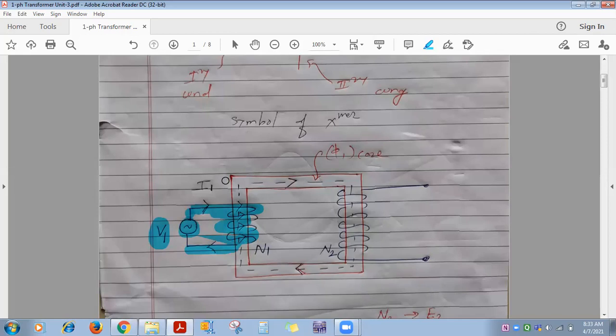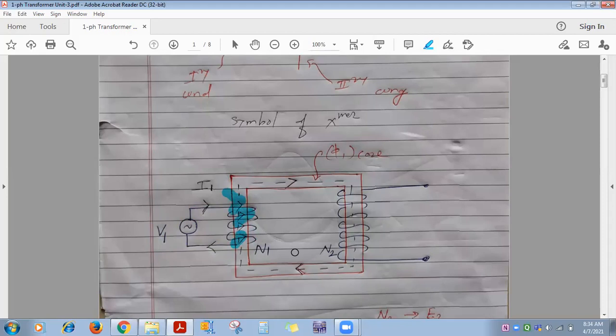So apply the right hand thumb rule to find out the direction of the magnetic field produced by this I1. Wrap the fingers in the direction of the coil. I am wrapping the fingers of the right hand in the same direction in which the coil is wound. The same will be the direction of current. So whatever is the direction of current, see here, this is forward, here also forward, and in this turn also forward.